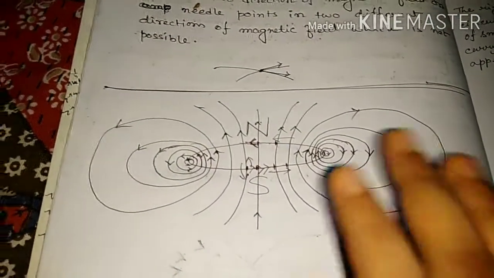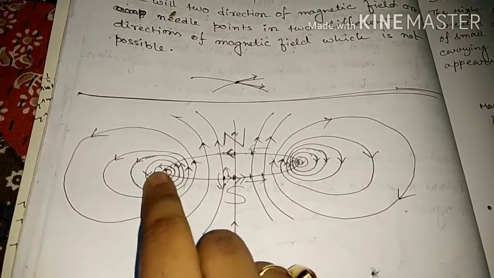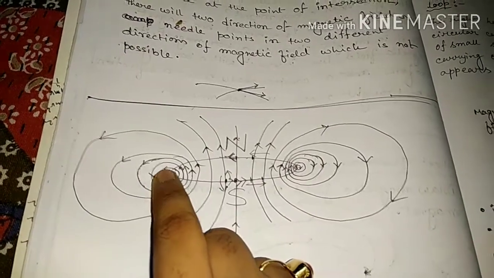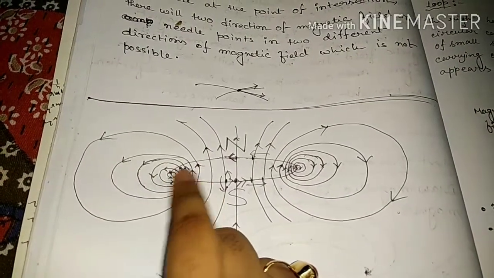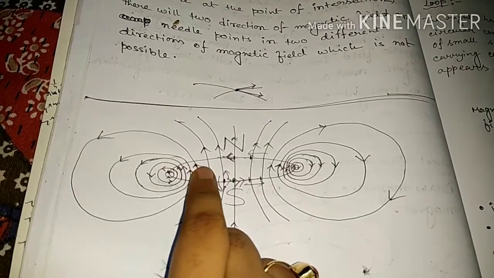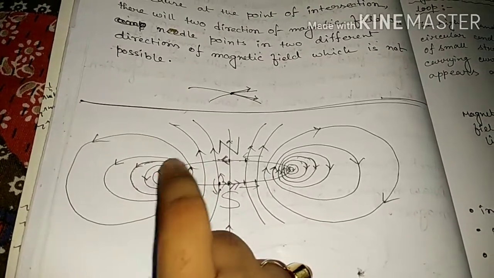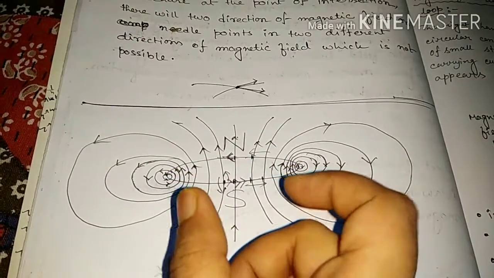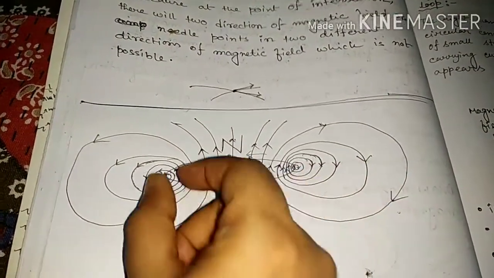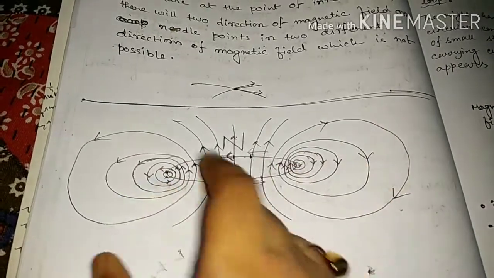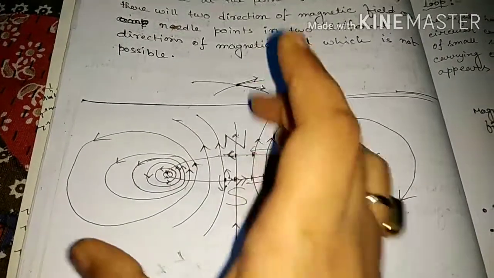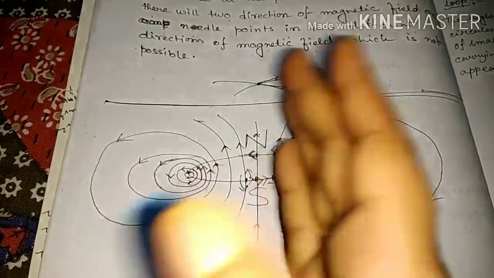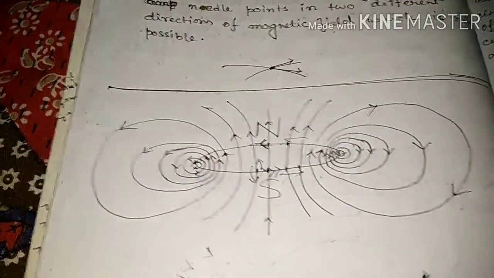From this diagram you also see that if this is the center, as the distance from the center increases, the magnetic field lines become almost straight lines, because these are concentric circles with a center. So center to circle means radius. If the radius increases, the magnetic field lines become almost straight.